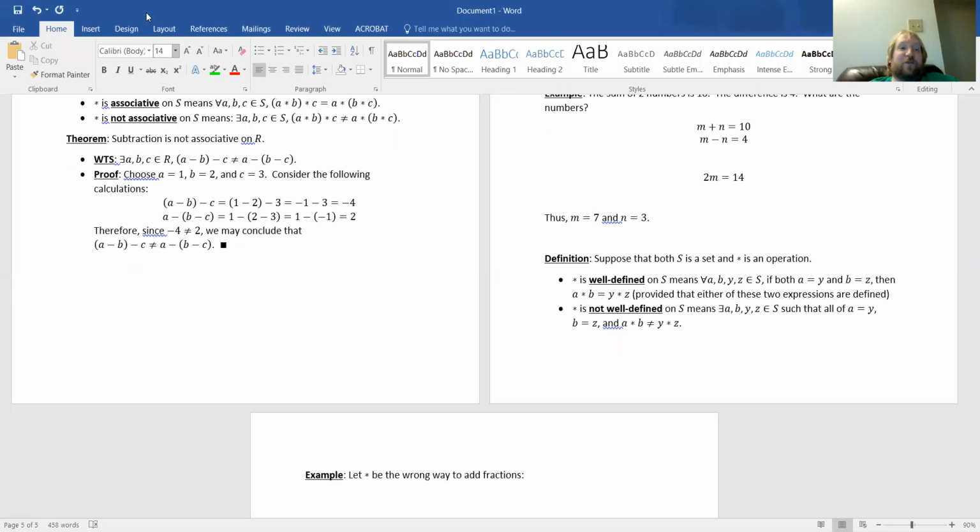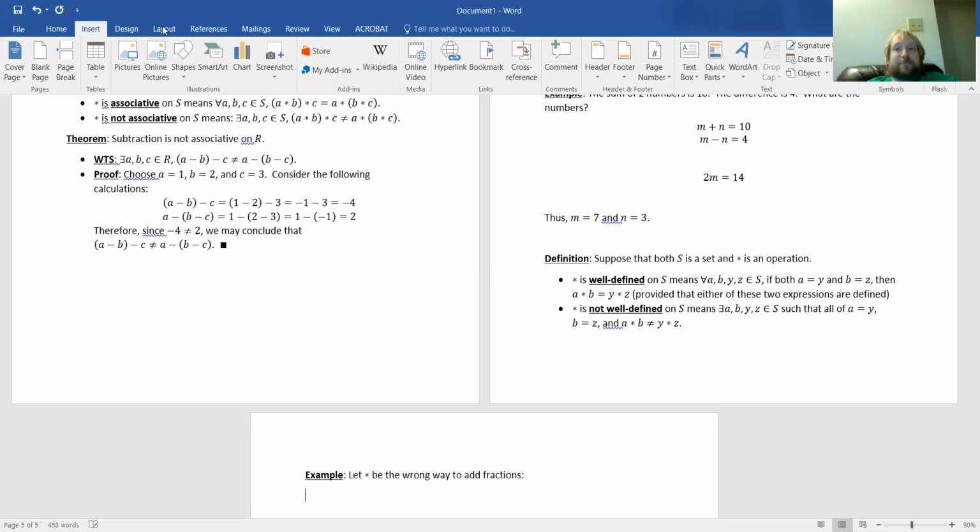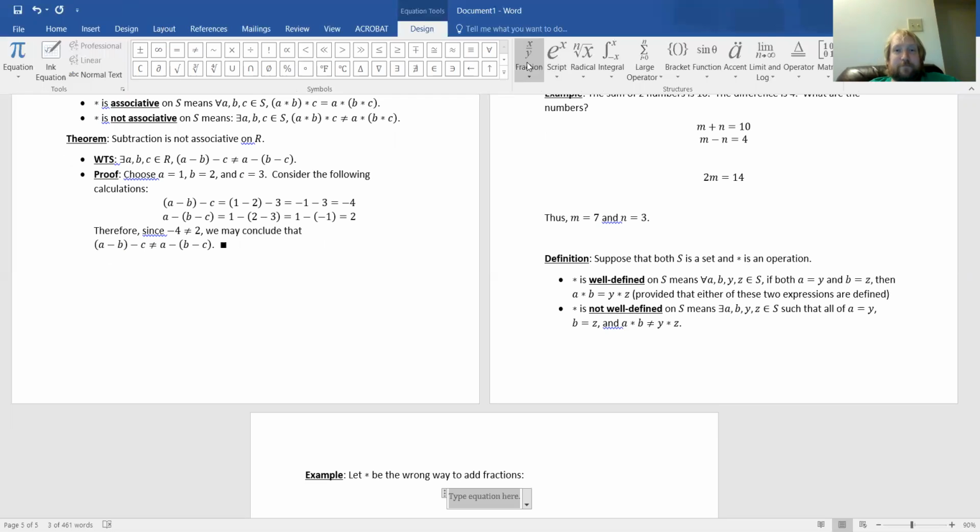In other words, m over n star s over t is adding across the tops and adding across the bottoms.